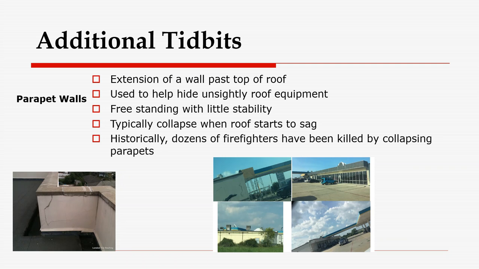Just keep in mind that when you're trying to access the roof using an aerial ladder or ground ladder, there's going to be a drop from the top of that parapet to the actual roof line. Could be 4 feet, could be 6 feet. So be anticipating that, and sometimes that may mean you have to bring another ladder with you so that you can come off the tower or come off the ladder down onto the actual space.